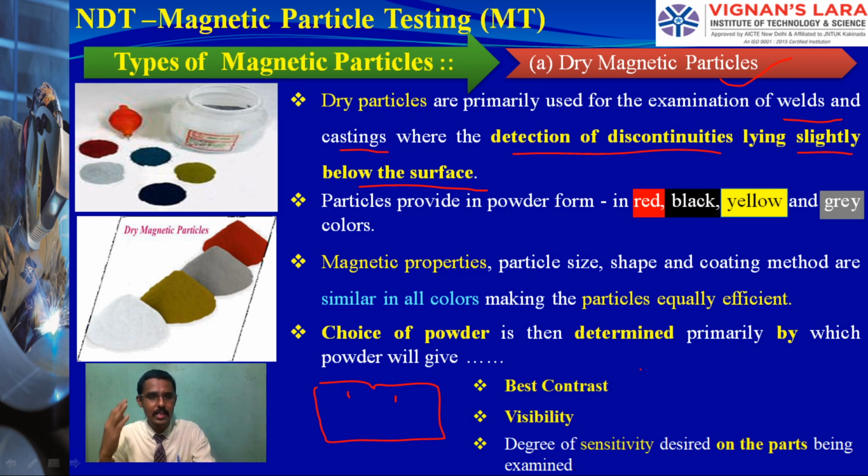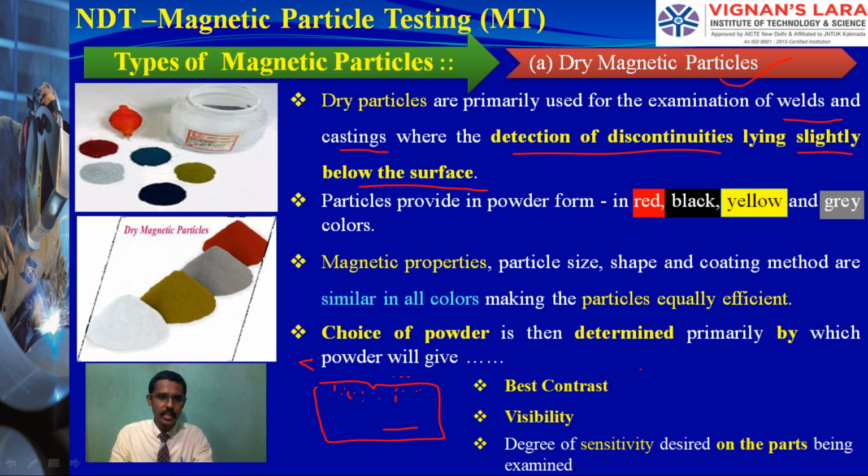Use the word near subsurface. If the defect is at the far end, it is not near the subsurface. This is the surface where we are going to do inspection. This is near subsurface, near the surface. But when the defect is very deep, it is not possible to find.